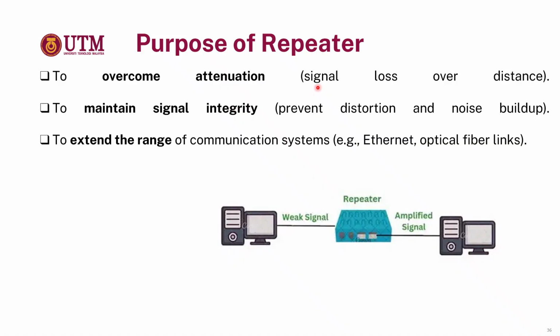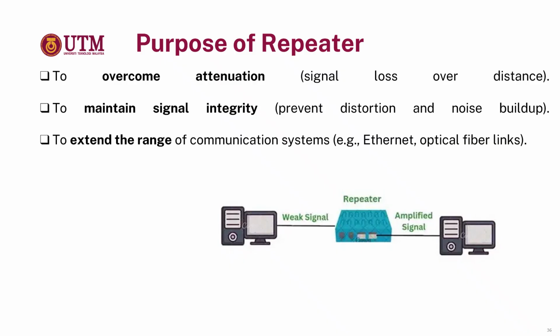So the purpose of the repeater is to overcome attenuation that the signals have gone through after traveling several distances, to maintain signal integrity, to prevent the distortion and noise buildup, just like what I said just now, and then to extend the range of the communication system by having repeaters between the transmitter and receiver. Our signal can be transmitted at further distance by re-energizing, by re-strengthening the signal that is being transmitted from the transmitter.